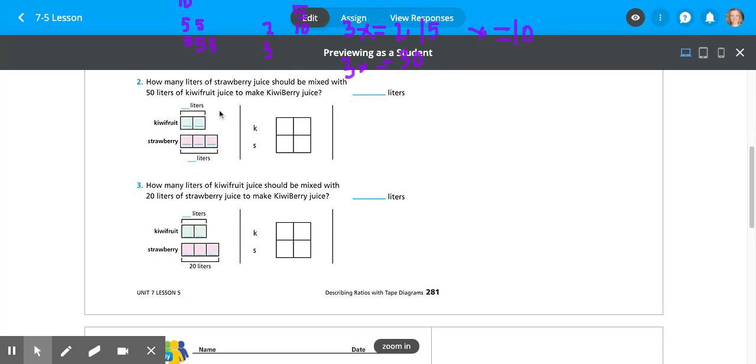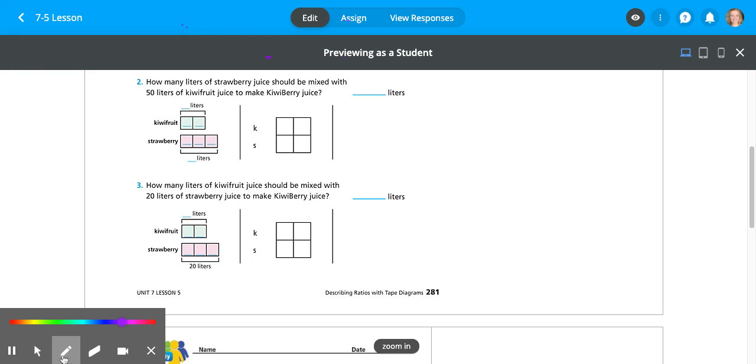So it says, how many liters of strawberry juice should be mixed with 50 liters of kiwi fruit juice to make kiwi berry juice? So now we have 50 liters of kiwi fruit juice, and we're looking at making strawberry juice. So I'm going to fill this in. We have 50 liters of kiwi fruit. So 50, and we're dividing it into 2 pieces.